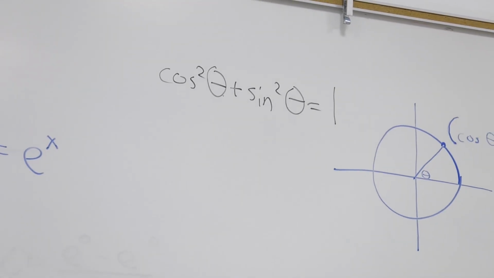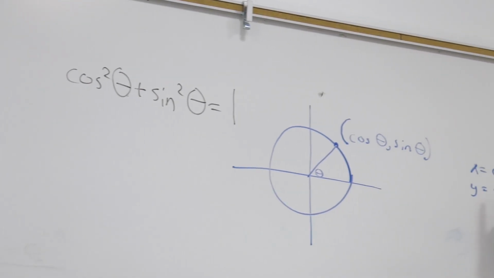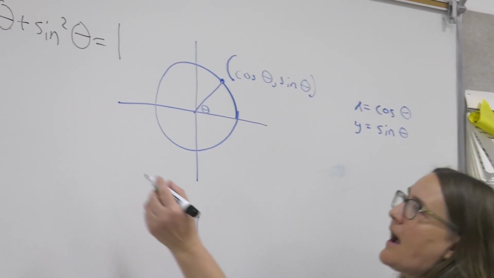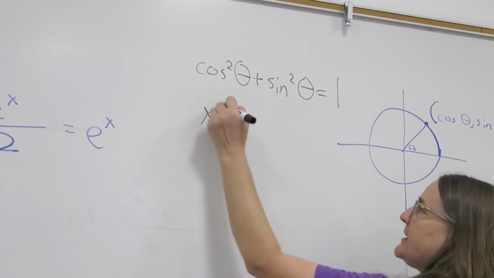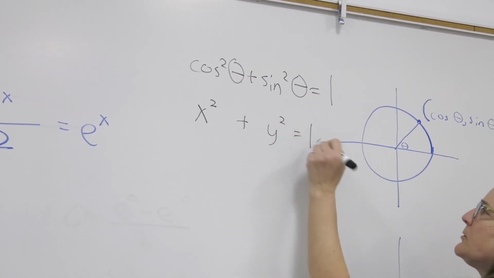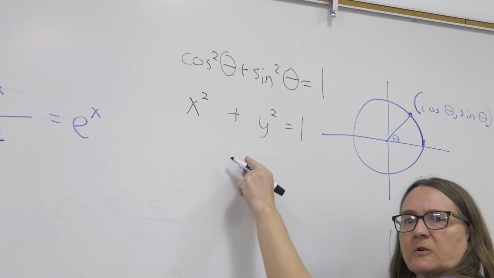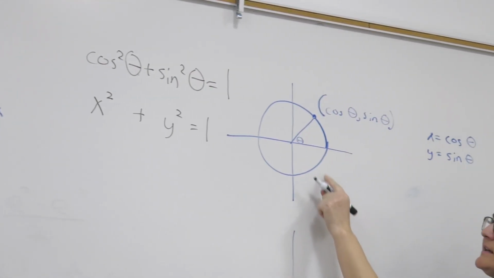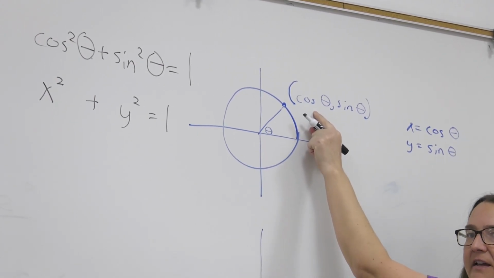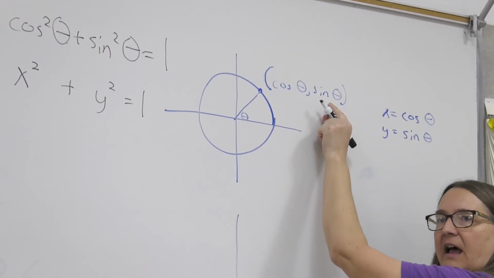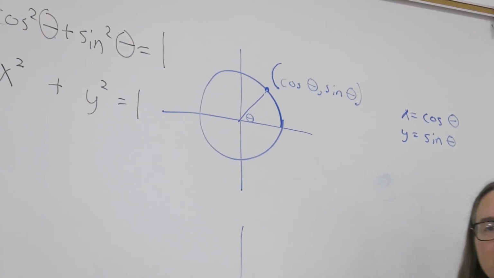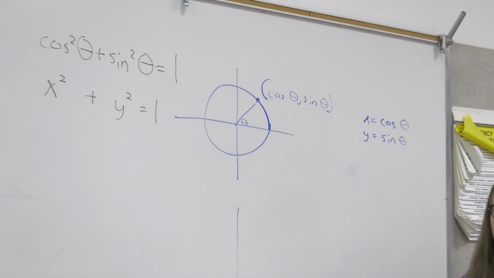So if I set x equal to cosine theta and y equal to sine theta, then I can say, okay, so cosine squared, that's just x squared. Sine squared, that's just y squared equals 1. That's the equation for the unit circle. And so we can see that a point on the unit circle has its x value as cosine of some angle, where y is the sine of that same angle. And we say that the regular trig functions parameterize that unit circle.